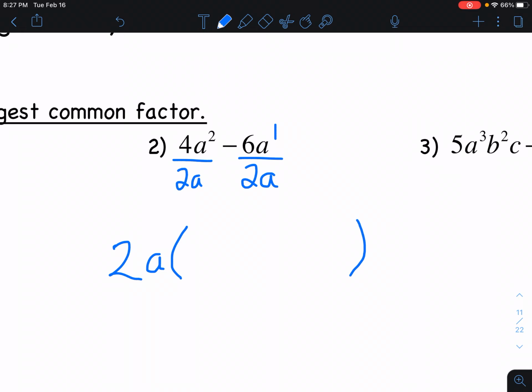So 4a squared divided by 2a: 4 divided by 2 is 2. Then a squared divided by a is just a. Minus, and then 6a divided by 2a, the a's cancel because they're identical. So it's really 6 divided by 2, which is 3.